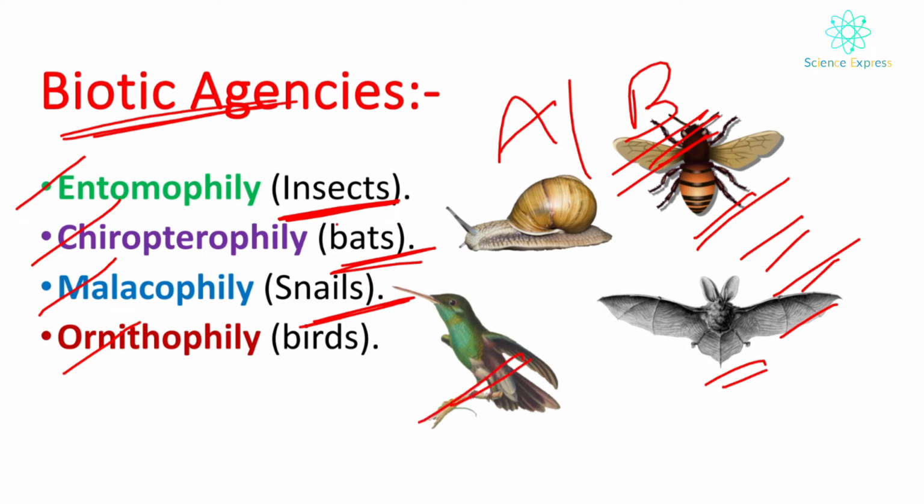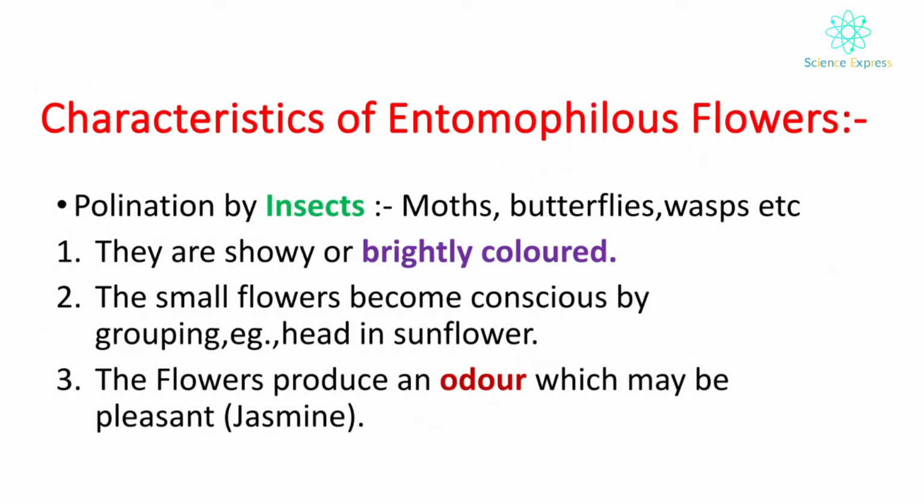Okay. Now discuss the entomophilous flower characteristics, mainly pollination by insects, moths, butterflies and wasps, and also honeybee. Clear? Okay. Moths basically visit whitish flowers and butterflies visit mainly reddish and yellow flowers. But honeybees visit mainly blue, purple or violet flowers.